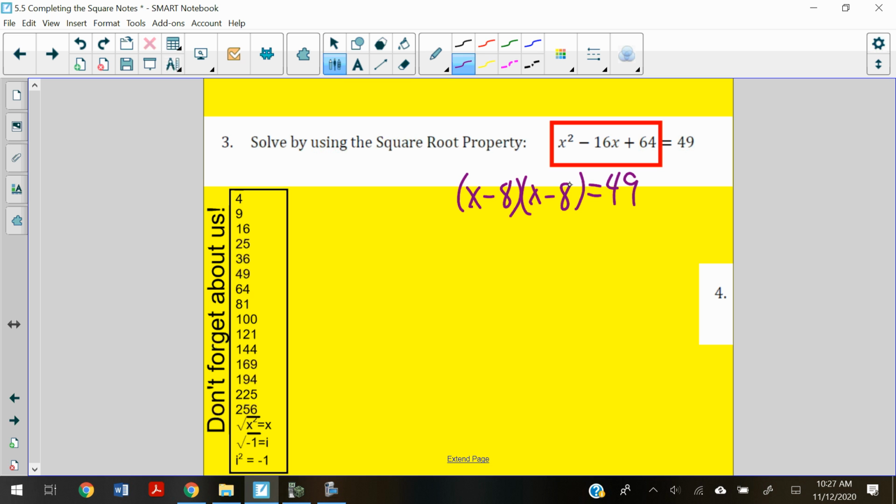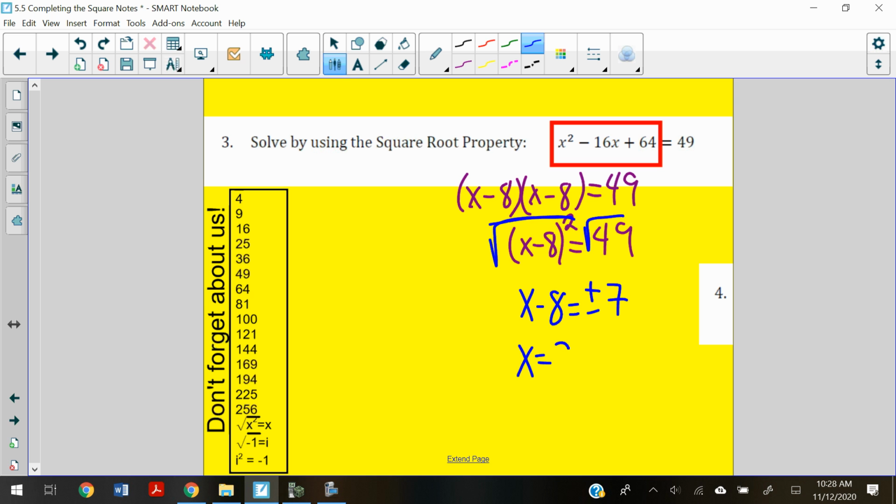Again, same thing in the parentheses, so we move them into one and have it squared. To get rid of that square, we need to square root both sides. This is that square root property. So we get x minus 8 equals plus or minus 7. We add 8 to both sides and get x equals 8 plus or minus 7.